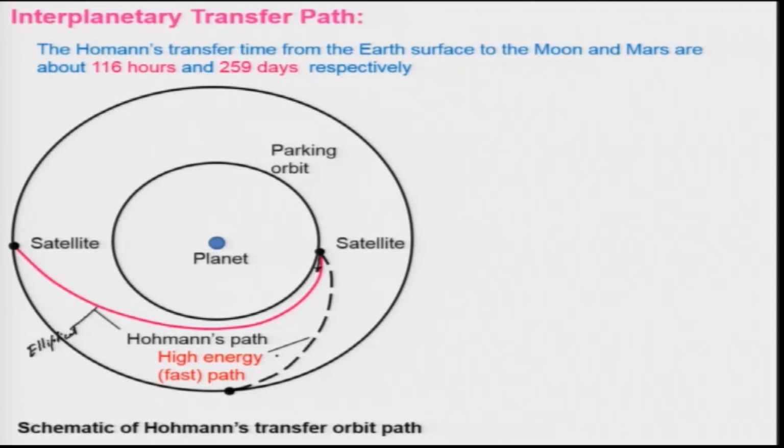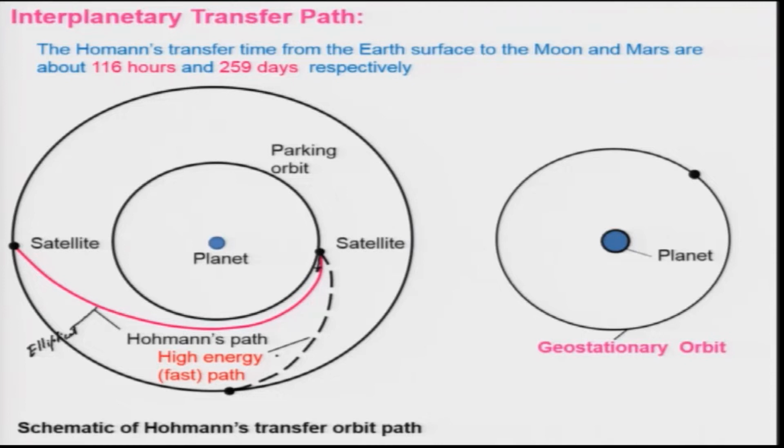And these Hohmann orbits are also used for placing a satellite in the geostationary orbit. Let us look at how it happens. Let us say this is your planet or the earth, and this is your satellite.